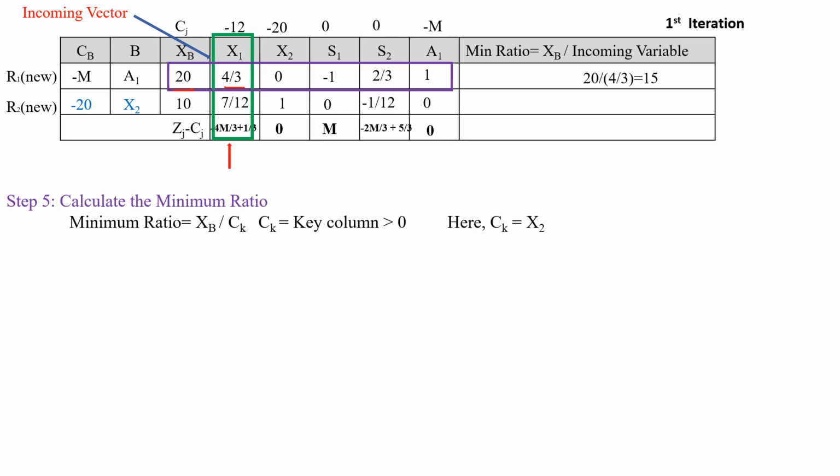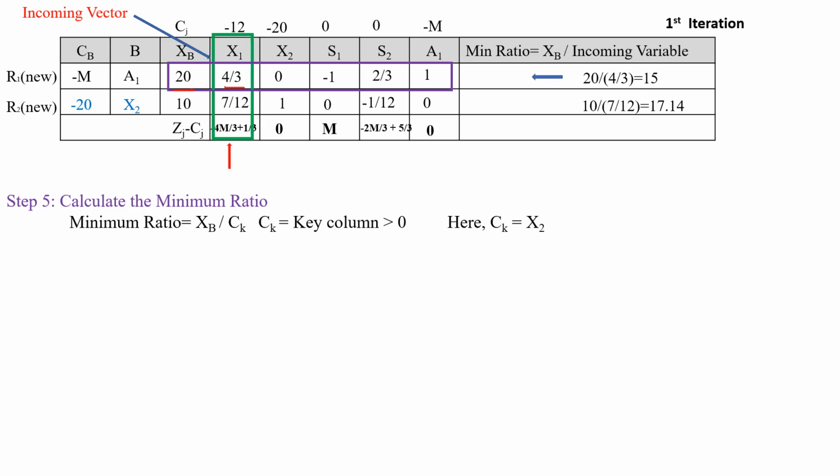So the ratio 20 divided by 4 by 3 is equal to 15. Similarly, for the second row, the ratio is 10 divided by 7 by 12, which is equal to 17.14.